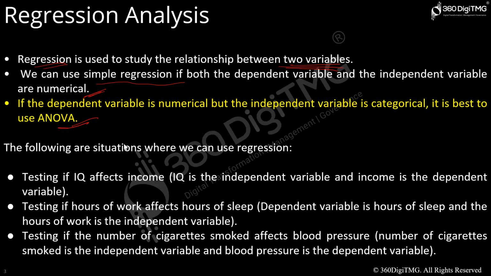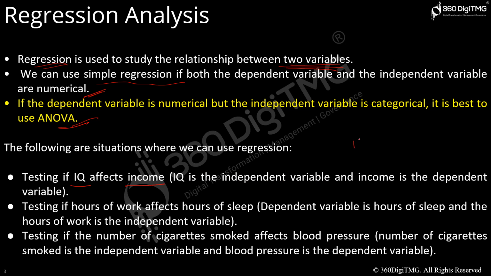Okay. So the following are some of the situations where we use regression to test if IQ affects income. IQ is an independent variable and income is the dependent variable. How?